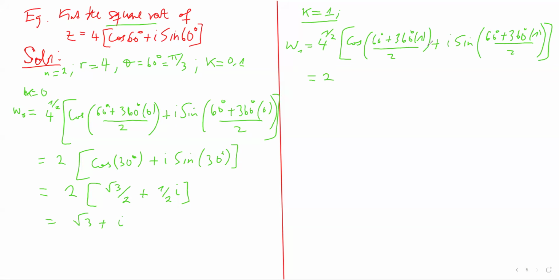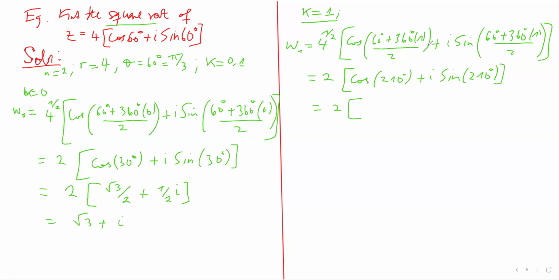And here you have 2 into brackets cos, so this is 420 over 2, which is 210 degrees, plus i sine 210 degrees.